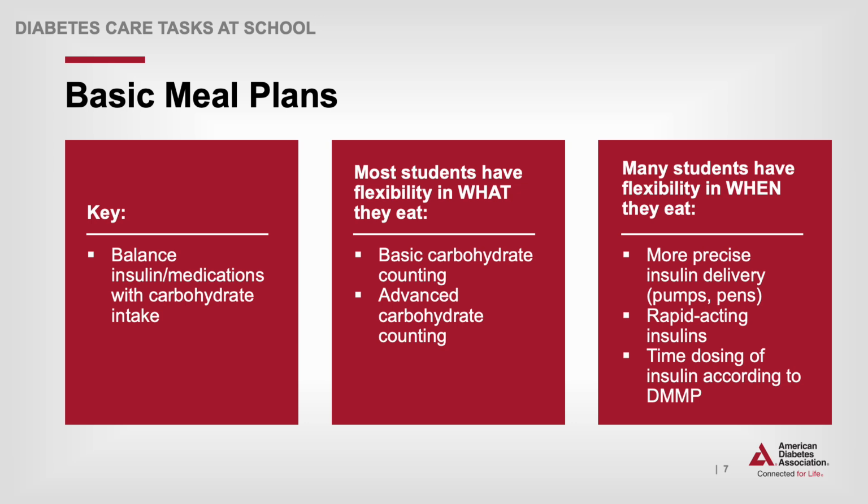Most students will dose their insulin before a meal or substantial snack. However, some who are picky or unpredictable eaters may dose after eating based on the actual amount of carbohydrate eaten. The timing of insulin dosing with respect to meals and snacks should be specified in the DMMP.